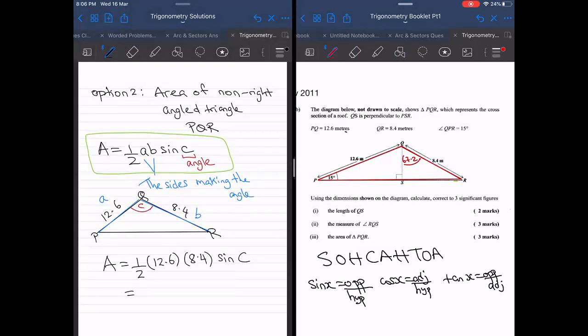But what I want is this full angle here. I want the full angle up the top. I know part of it is 67.2, but I need to know the other part. So I need to find that part.